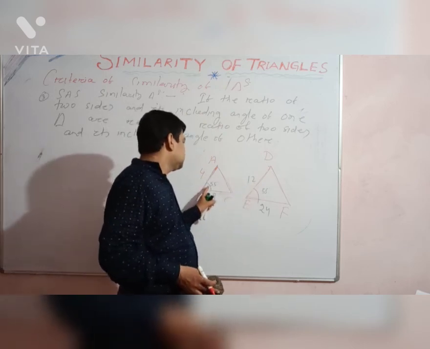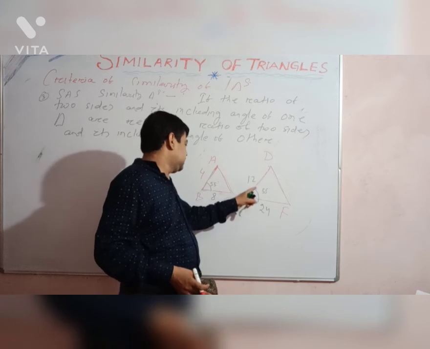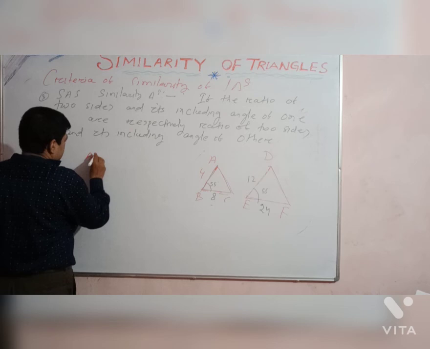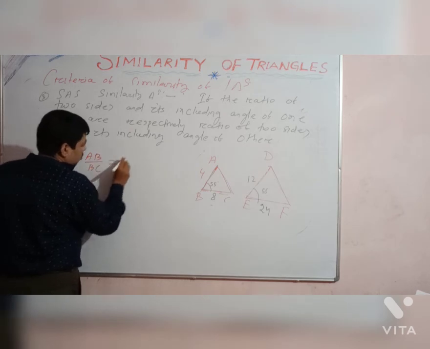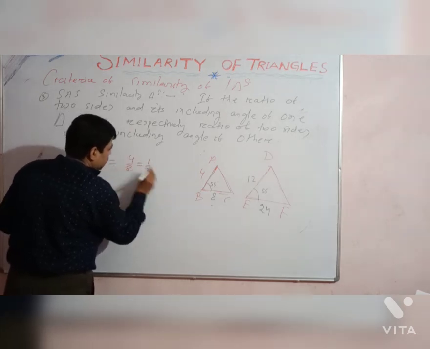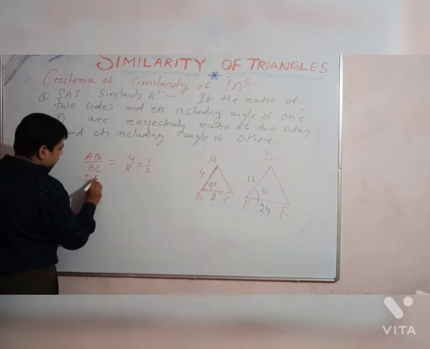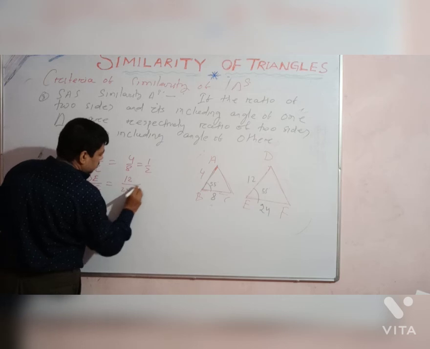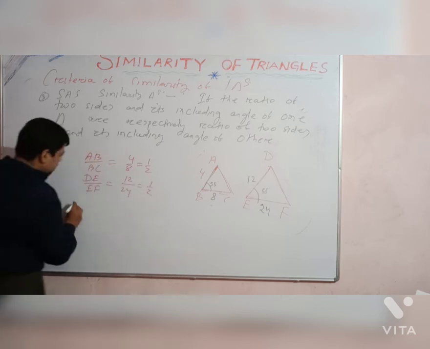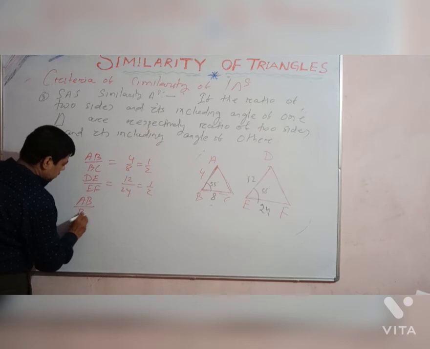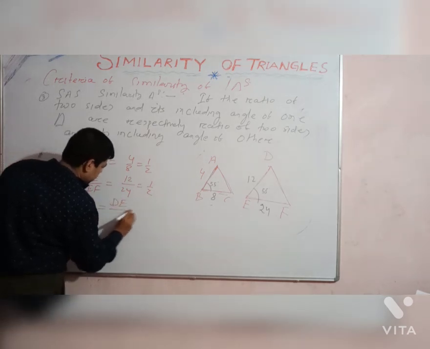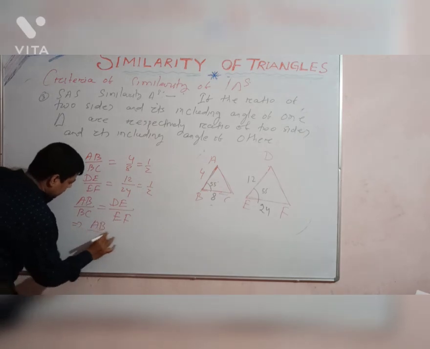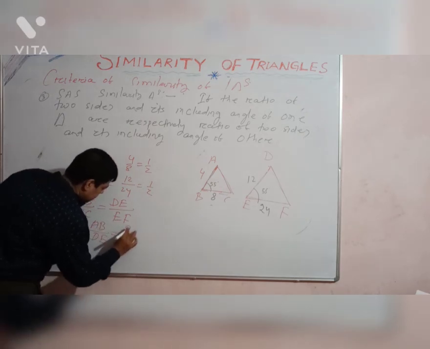The same meaning we can say: AB by BC must be equal to DE by EF. You see AB by BC, what is the value? 4 by 8, 1 upon 2. Another one, you see DE by EF is equal to 12 by 24, which is also 1 upon 2. It means AB upon BC is equal to DE upon EF. Or I can write in a similar transposed way AB by DE, same thing, BC by EF.